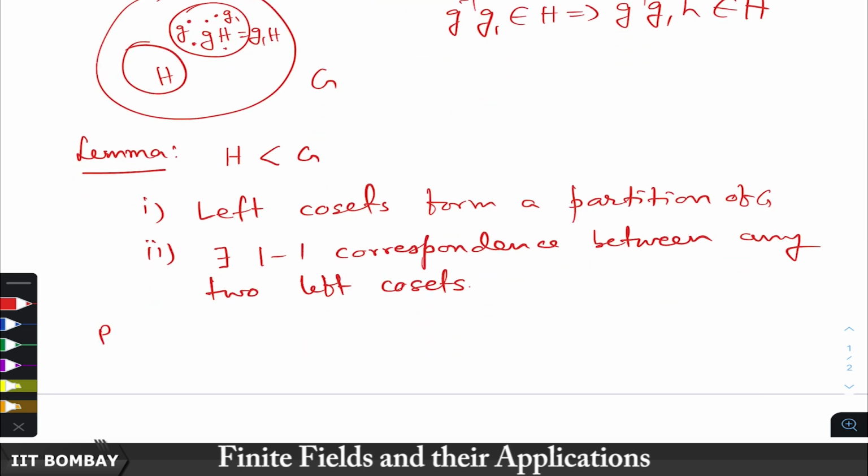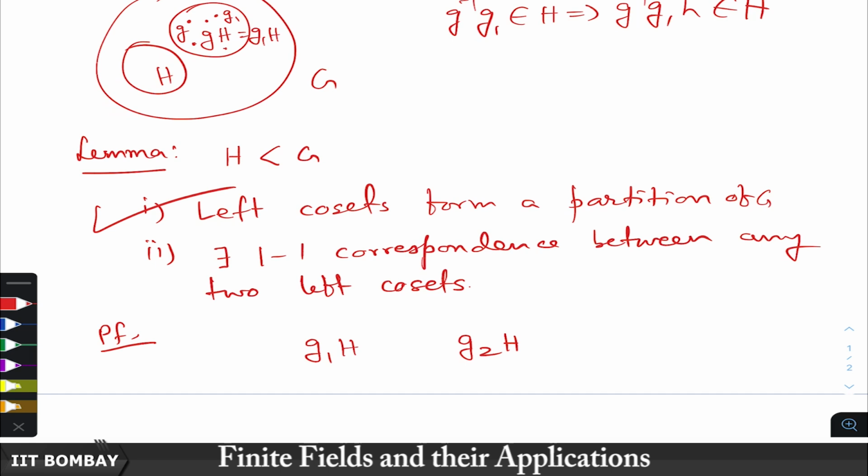So, let us prove this. The first part we have already seen by showing that left cosets are equivalence classes of an equivalence relation. Now, for this one, let us take two left cosets, let us say g1 H and g2 H. Suppose they are not the same.